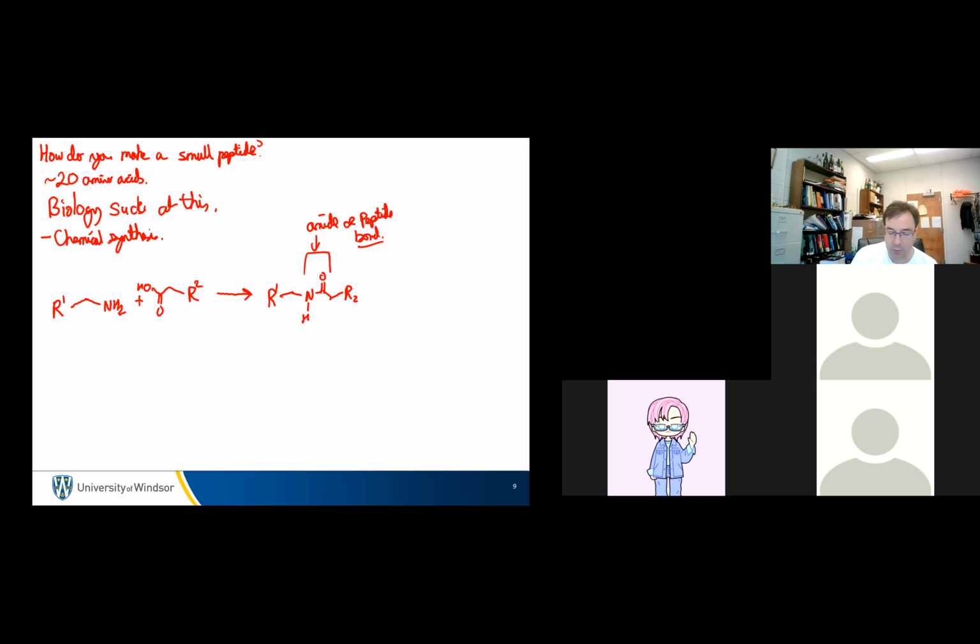Plus water. It's a condensation reaction. We bring an amine and we bring a carboxylic acid together and we make a peptide. We're going to spend a bit of time talking about the different ways that we can do this.